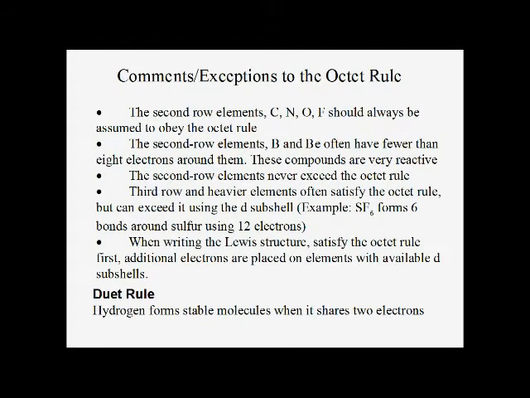Beryllium, starting off with 2 electrons, will often lose those 2 electrons to form a +2 charge and have only 2 valence electrons, which will match helium at that point. Hydrogen only gets 2 electrons, which will also match helium. We call that the duet rule for hydrogen.